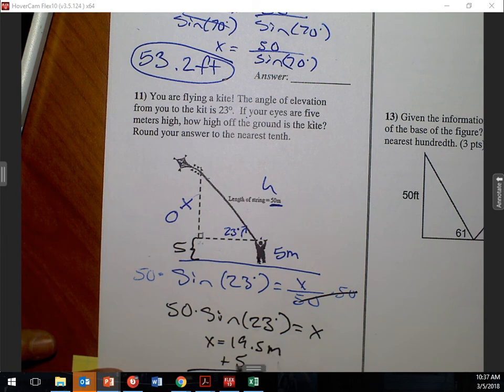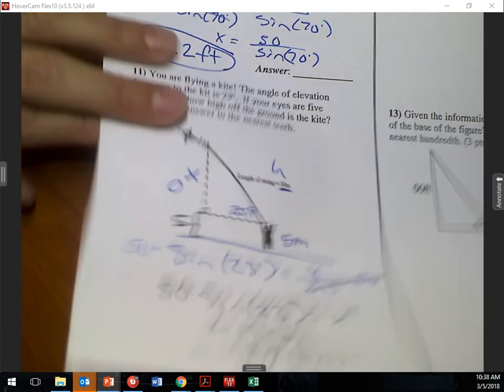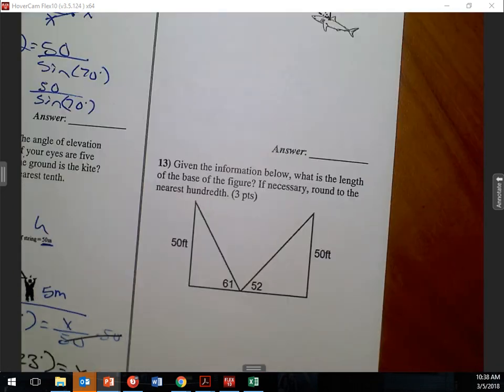Because that's 5 whole meters, so this is actually 5.0 meters if you're lining up the decimal. All right, so keep going. Got a couple minutes, actually.